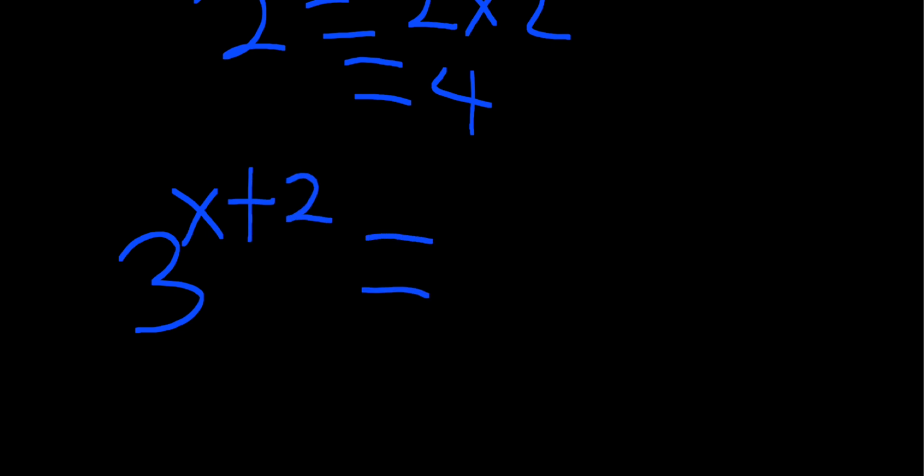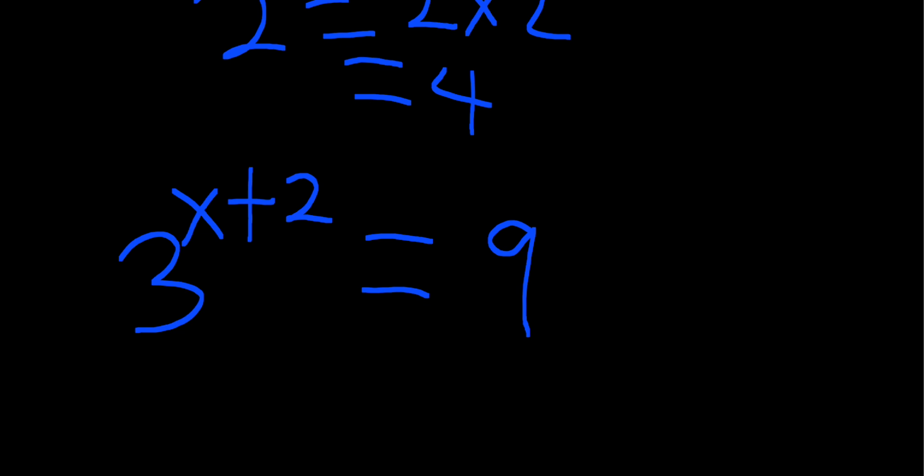Let's try the second example. 3 exponent x plus 2 is equal to 9. Pause this video and try to solve the work on your own before you come and have a look at the solution.